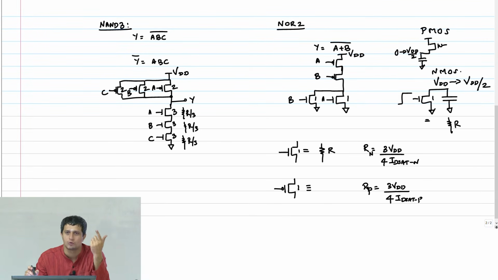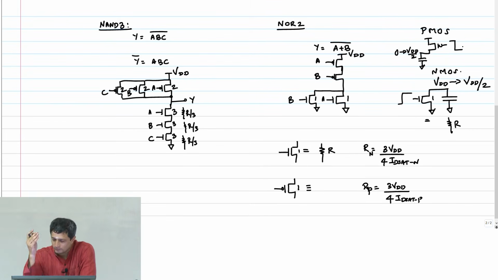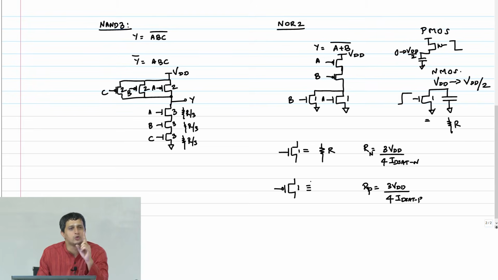Fall time is when the output falls from VDD to VDD by 2, right, and this has to drop instantaneously. So you can evaluate this expression. If the two technology parameters VDSAT, VTN and all that are symmetric, then everything else will cancel out. You will be left with only the ratio of mobilities, right, and therefore a PMOS transistor with unit width is going to have a resistance of 2R.